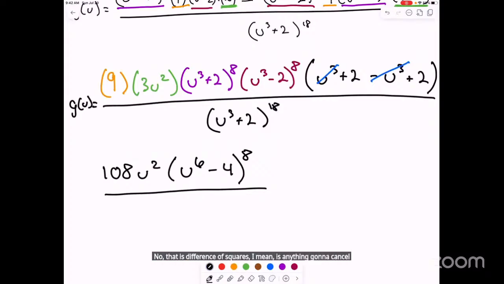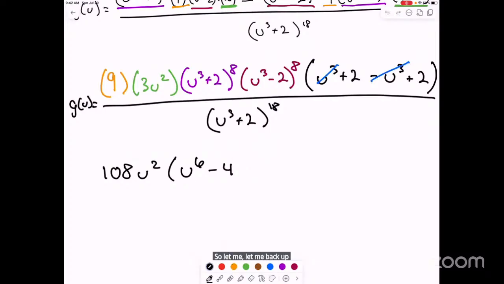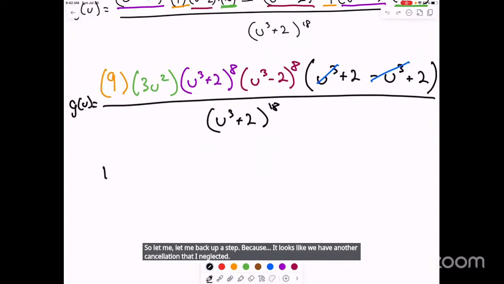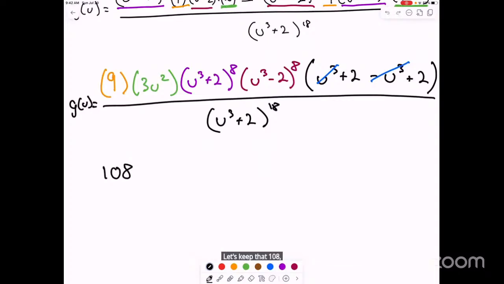Something could cancel. So let me back up a step, because it looks like we have another cancellation that I neglected. Let's keep that 108 though. So the cancellation that I'm seeing right here, we got a u cubed plus 2, u cubed plus 2.